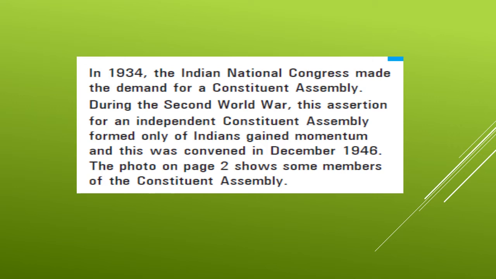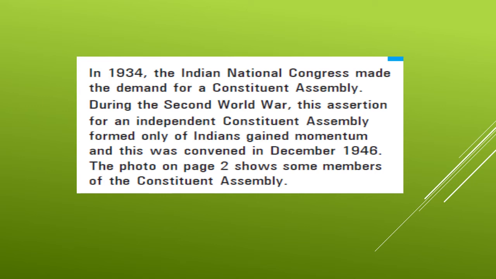Like that, in 1934 also, INC convened a meeting at Bombay, and the president of the Congress during the 1934 session was Dr. Rajendra Prasad, which was the 48th session of INC.